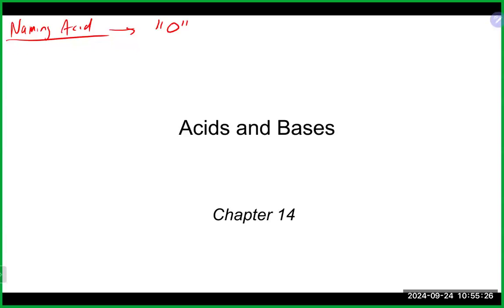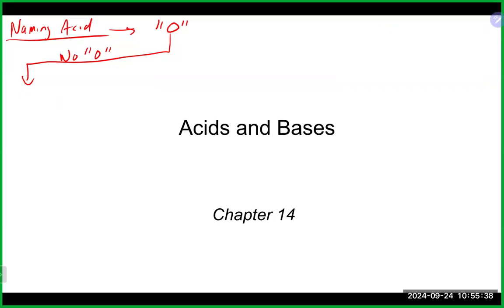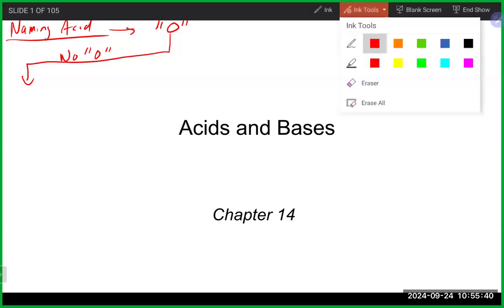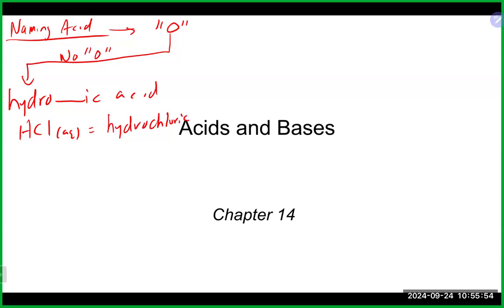So if there is no oxygen, that is hydro-something-ic acid. So HCl in the aqueous phase is hydrochloric acid, right?